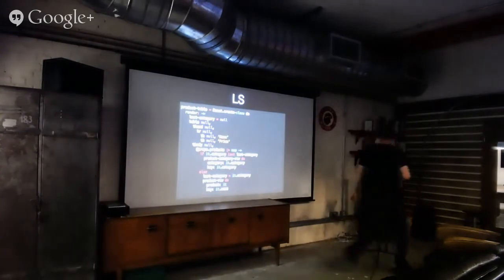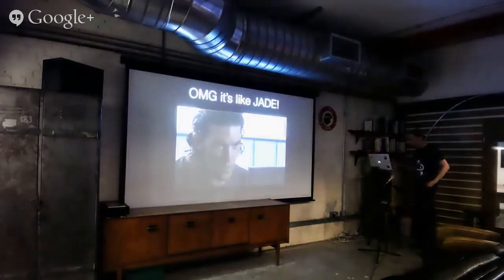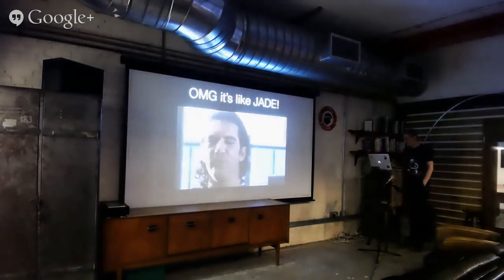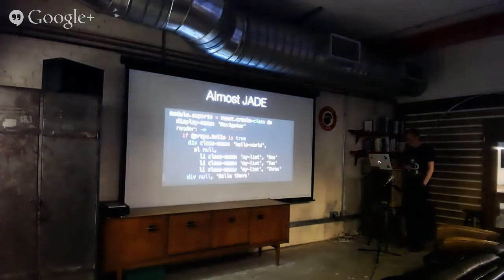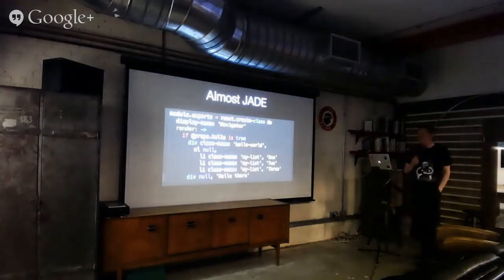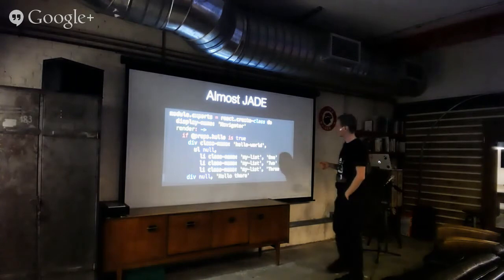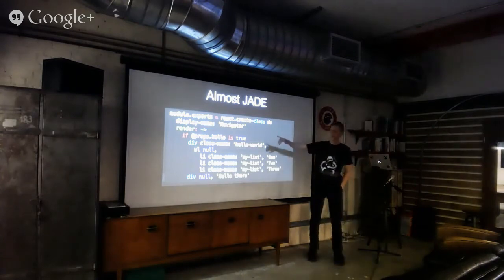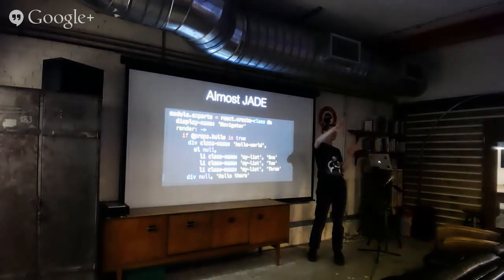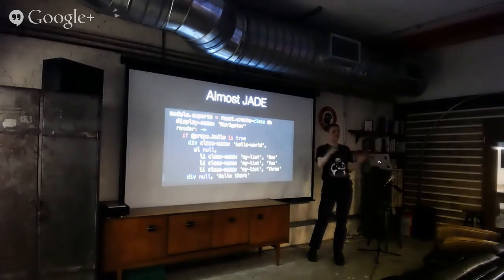And yeah, so it looks almost like Jade, isn't it? But it's not exactly Jade. In Jade it's very easy. You have blocks of markup, and sometimes you want to display some blocks, and you don't want to display another block, and you put an if, and then you have a block inside it.